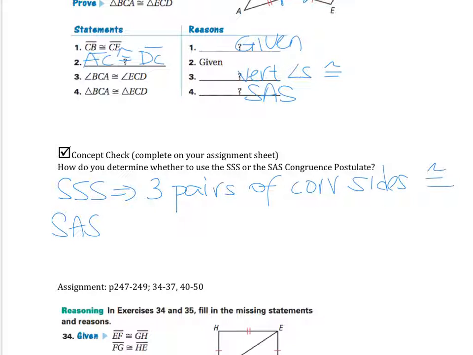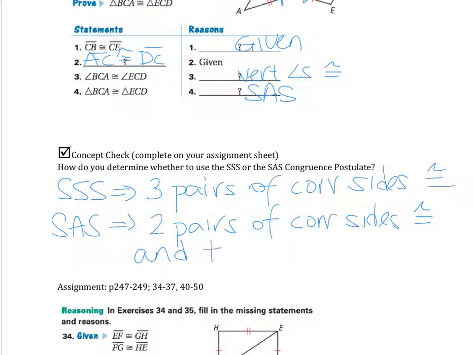Side, angle, side: you have two pairs of corresponding sides congruent and what we called the included angle congruent.